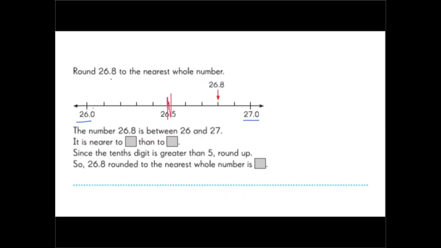I just showed you that. Since the tenths digit is greater than 5, 8/10 is bigger than 5/10, we're going to round up. So 26 and 8/10 rounded to the nearest whole number is 27.